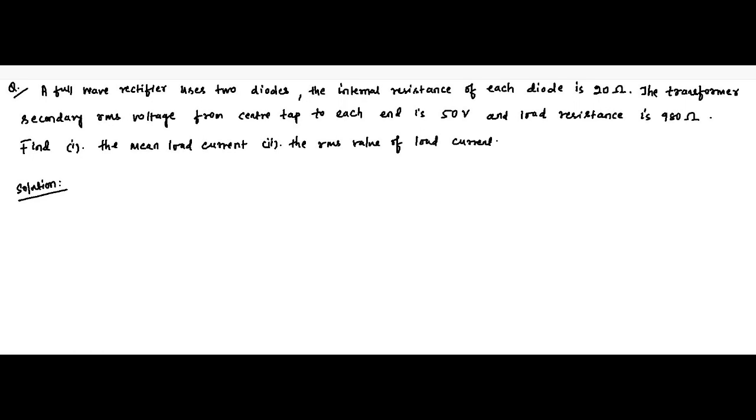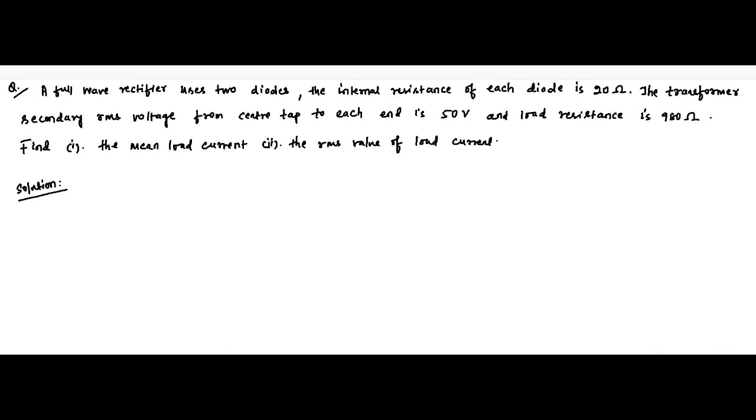Okay, so the first step in solving full wave rectifier problems is to identify what type of full wave rectifier it is. Here it's not directly mentioned that it is a center tap full wave rectifier, but there are terms which indicate that it is. First of all, it has two diodes.